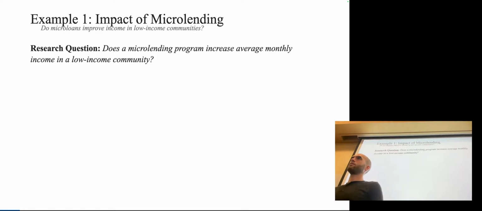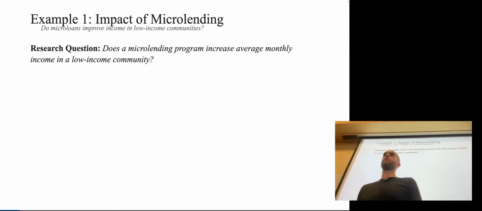I said you need obviously the income data. Okay, income. And then you need, what are you going to categorize that as by the community for low income, so you only get low income communities. Okay. And then you need a binary variable of if they have a microloan program or not. Okay.